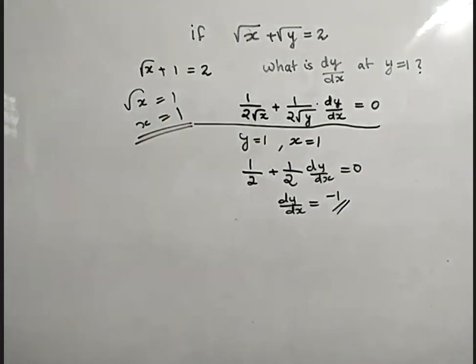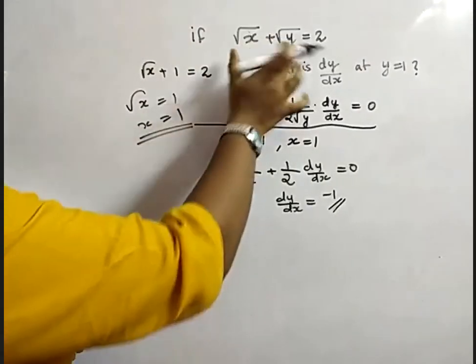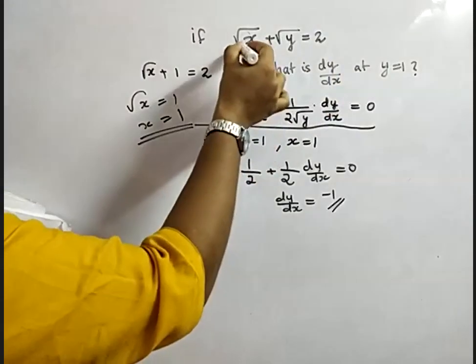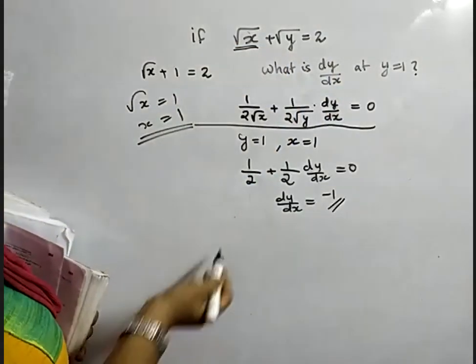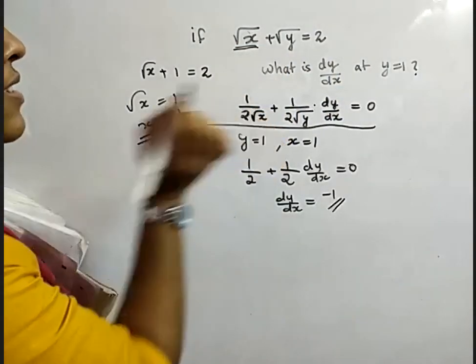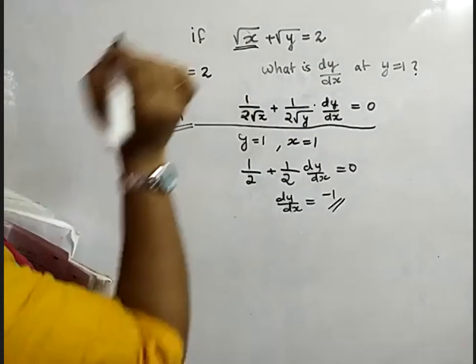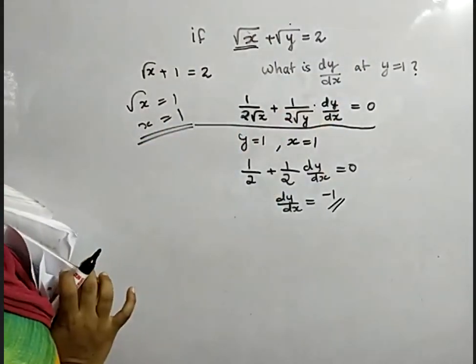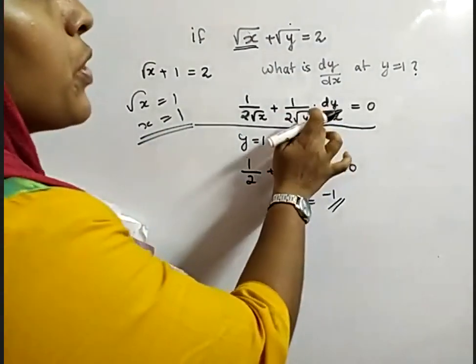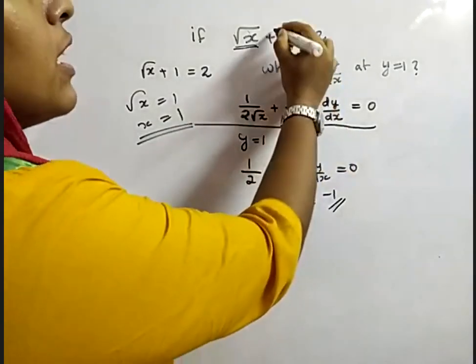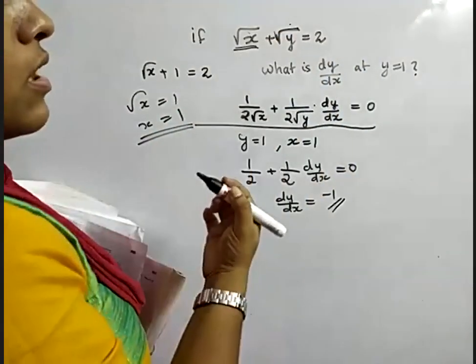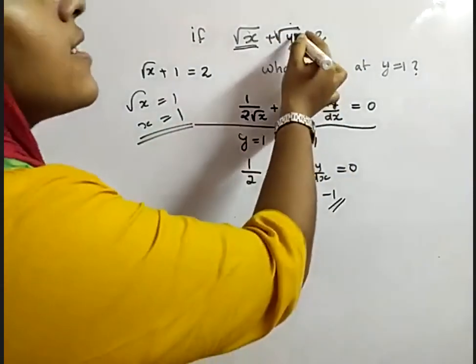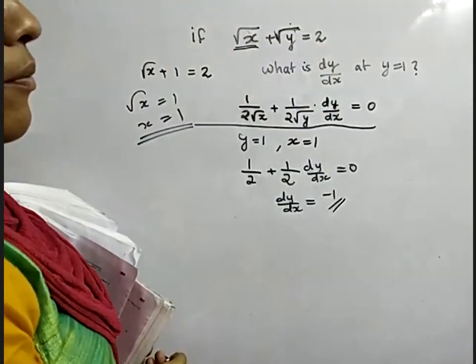Yeah, I'll explain. See, I'm just taking the derivative. We have already studied what is the derivative of root x: 1 by 2 root x. Now, what is the derivative of root y? 1 by 2 root y. Now we are applying chain rule. Root is a function, and inside that we have another function y.